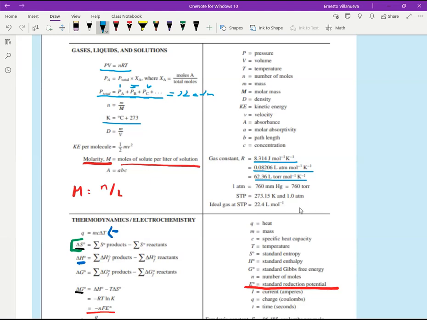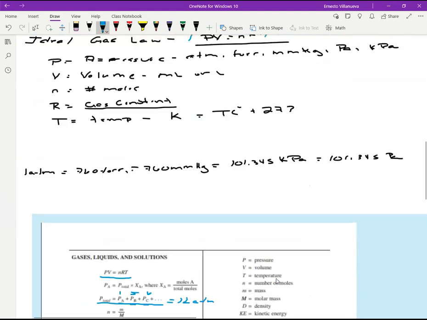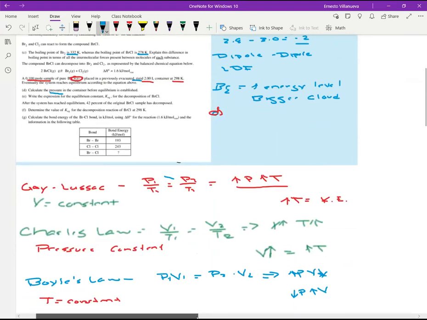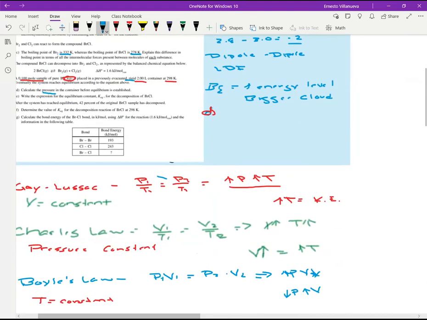So let's take a look at what we have, what's given to us. Well, we have 1 mole, so we know that n is equal to 1 mole. We have a volume, which is at 2 liters, so V is equal to 2.0 liters.